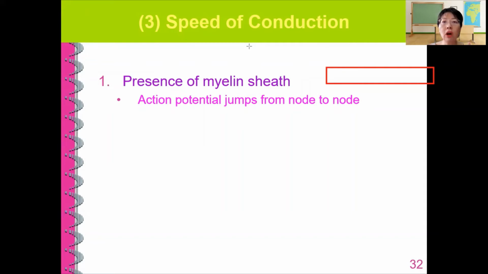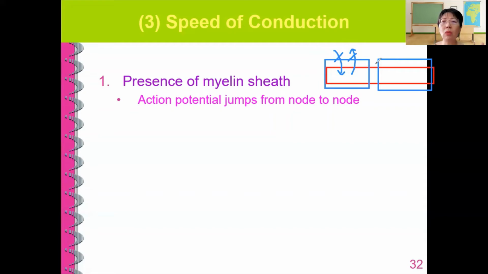In the region of the axon that's covered by myelin sheath, like here as well as here, no ions can pass through the myelin sheath, either going into or out of the axon. So this process cannot happen. So the membrane potential in this region of the axon is zero.